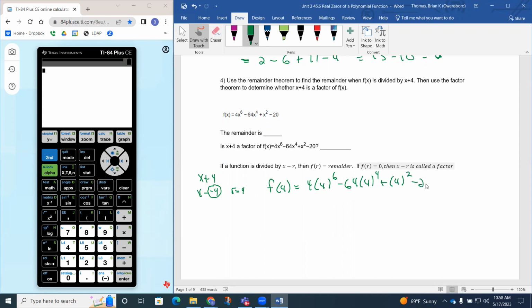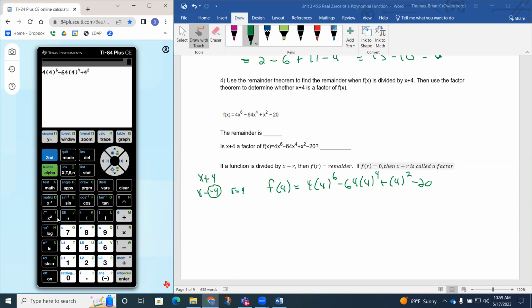minus 20. So if you use the calculator, we have 4 and then in parentheses 4 to the 6th power, come down, minus 64 in parentheses 4 to the 4th power, plus then 4 squared.